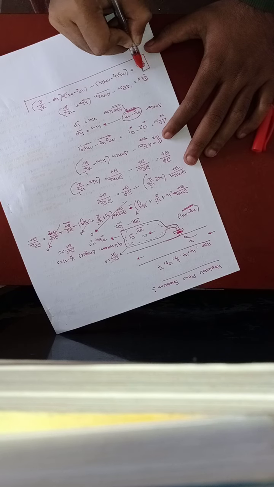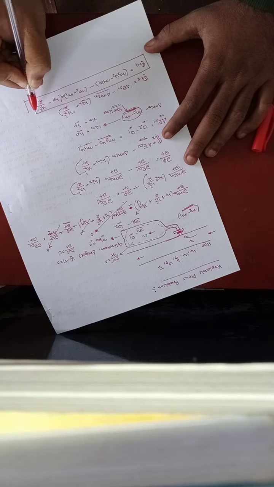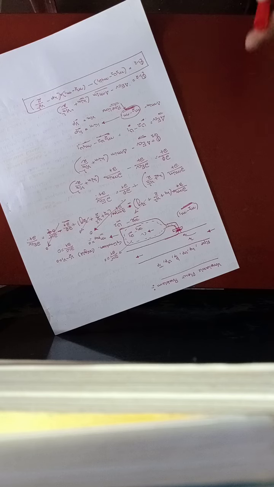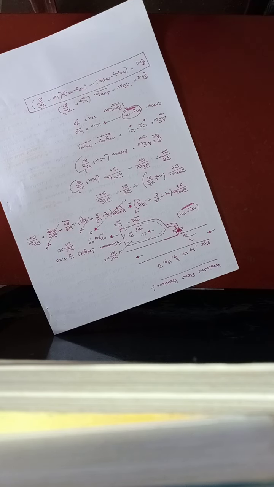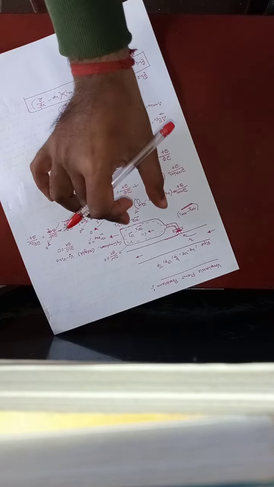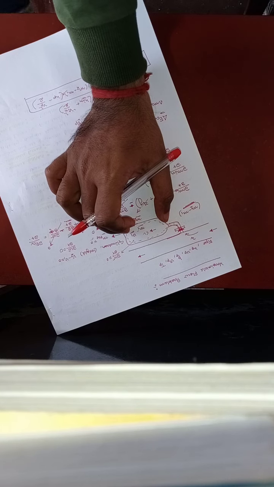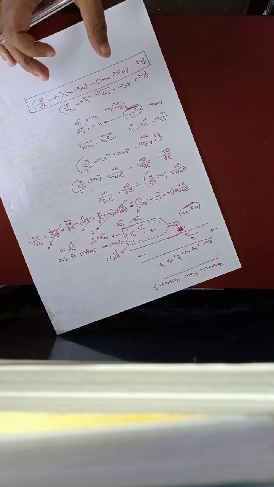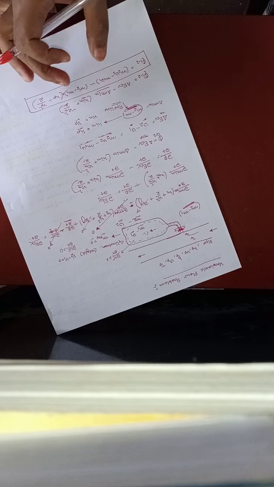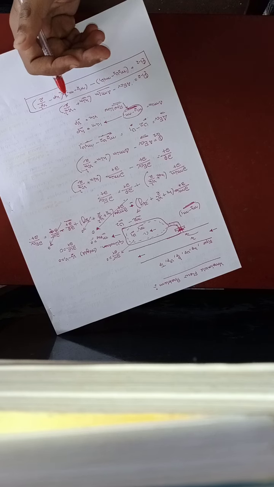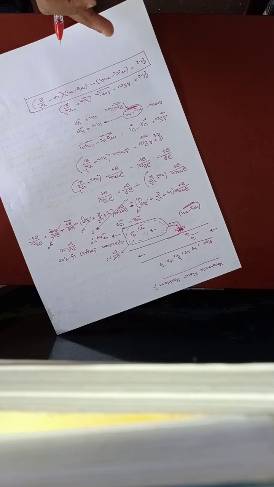Whenever some problem comes in your examinations, you have to remember the theory, not this equation, because this equation varies from problem to problem. I have taken this type of situation, that's why the result is coming like this. We can change the situation, and as per the situation, this equation will be modified.